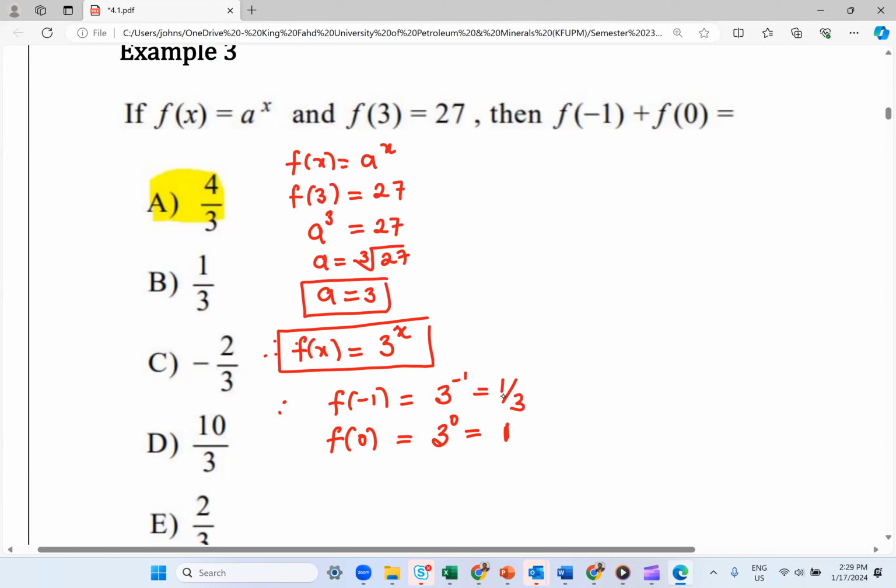So f of minus 1 is 1 over 3 plus f of 0, which is 1. So this will give us 4 over 3.